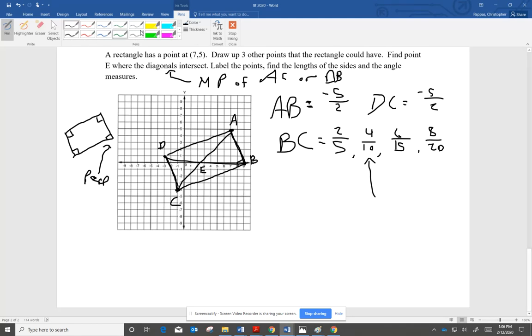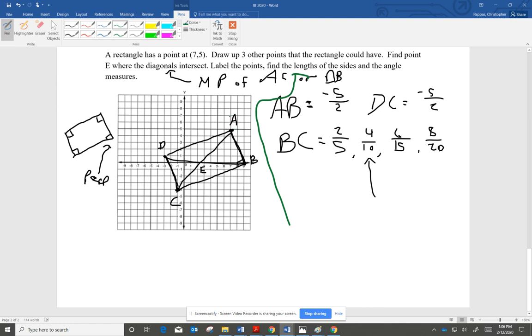Okay, next, find the lengths of the sides. All we really got to find is AB and BC, because AB and DC are equal to each other, and AD and BC are equal to each other.